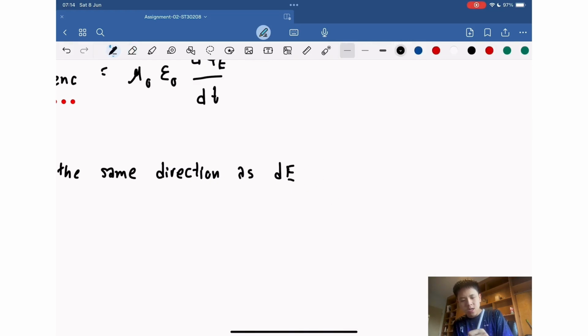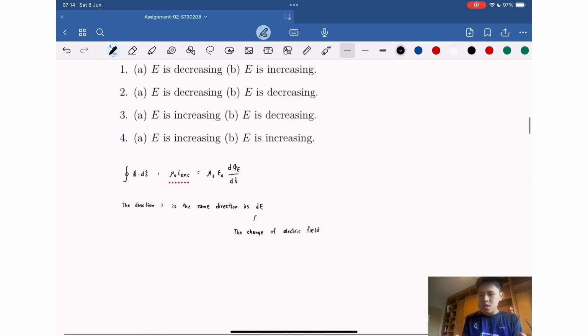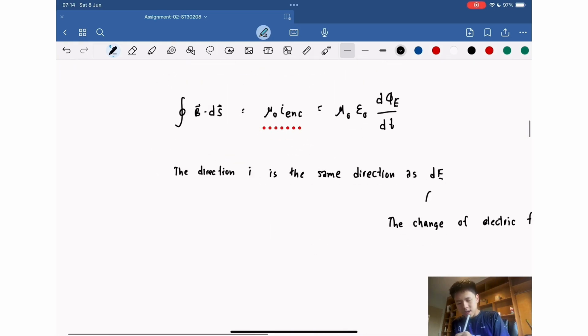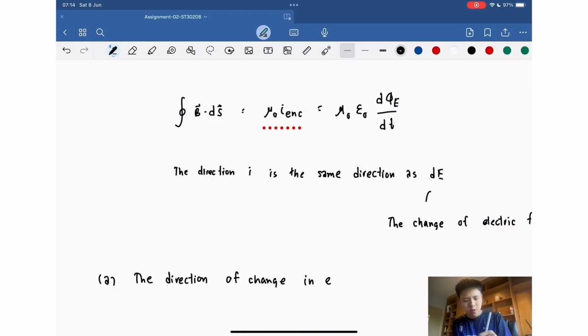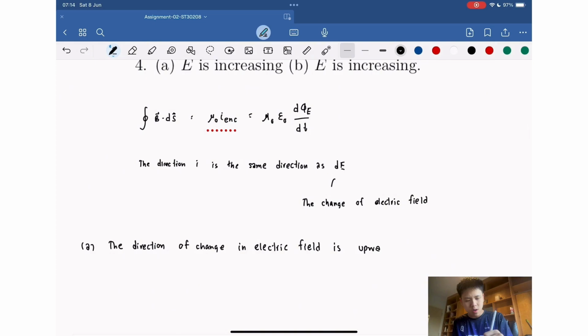So what is dE? dE is the change of the electric field. So we know that in figure A, the direction of the change in electric field is upward, or points up.